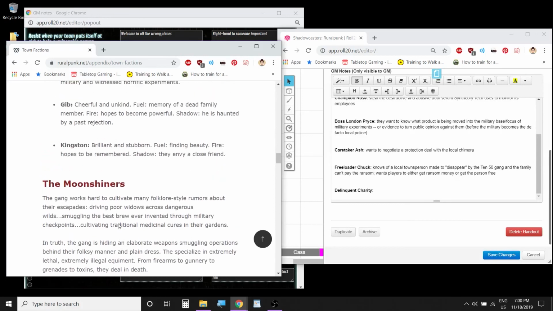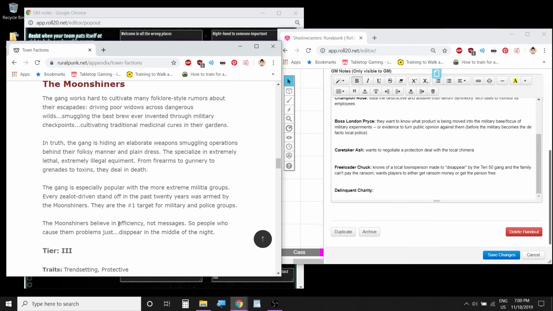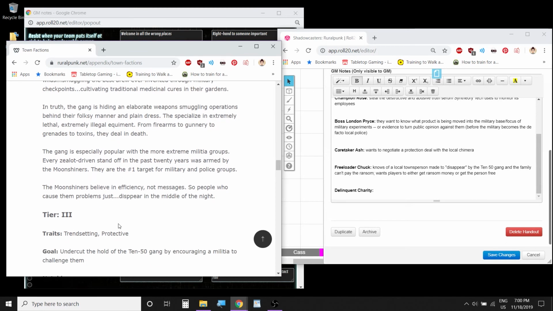And we haven't done anything specifically with the gangs. Okay. She knows. Here we go. So, the Moonshiners are a gang that specializes in smuggling, and especially really dangerous weapons.